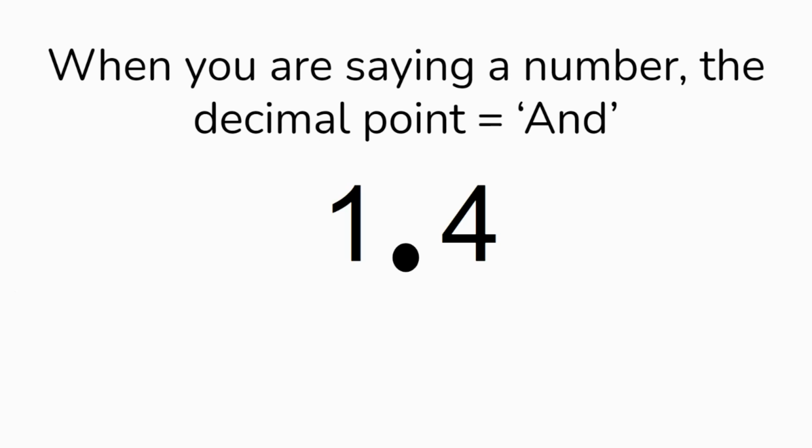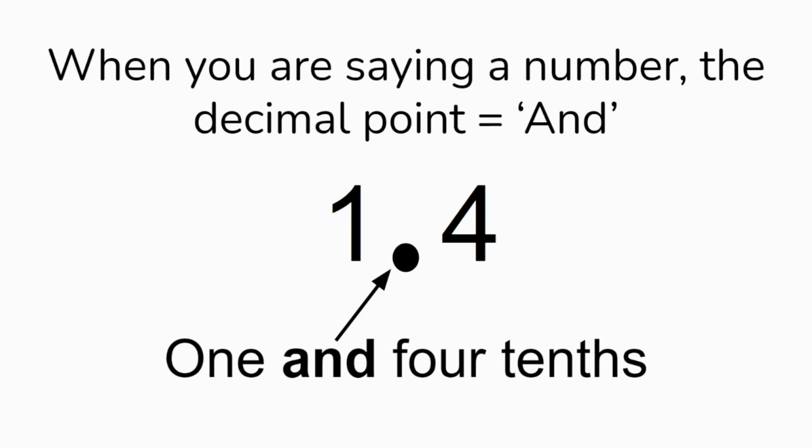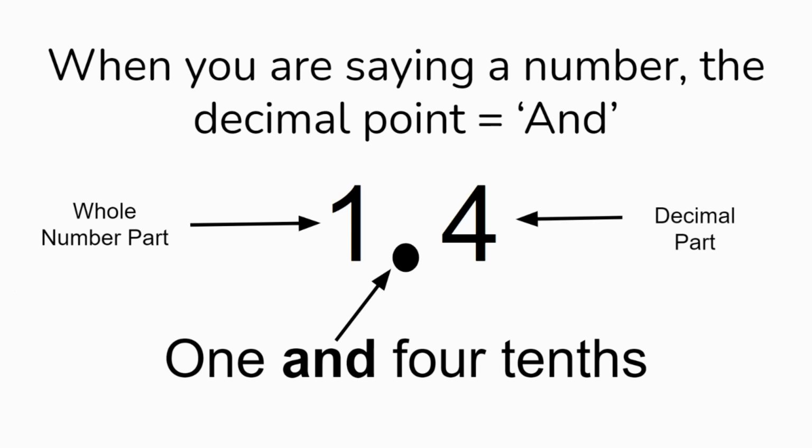But the correct, proper way that we're supposed to say it is 1 and 4/10. So again, when you pronounce the decimal point, you say the word and, you don't say point. 1 and 4/10. And just point out that 1, that's the whole number part, and then that's the decimal part.